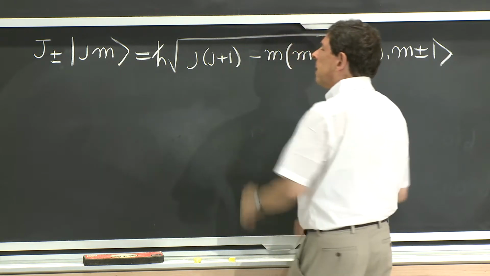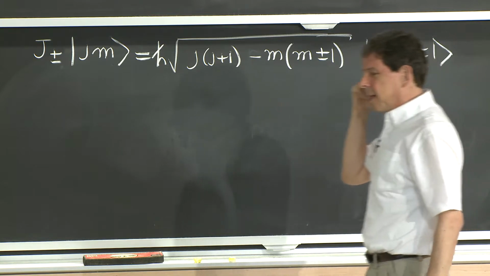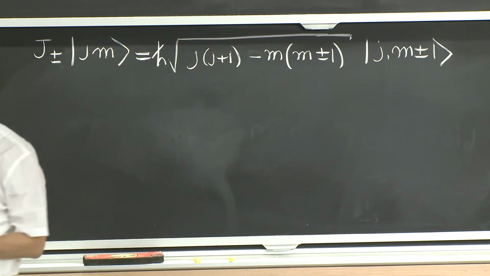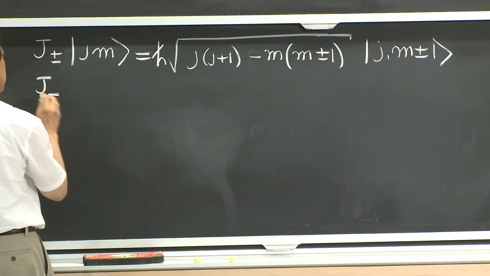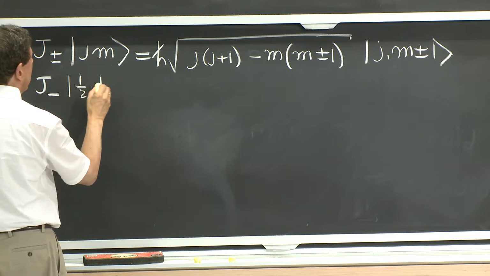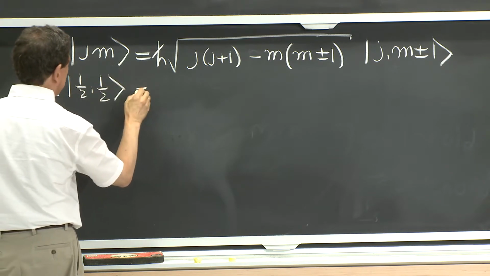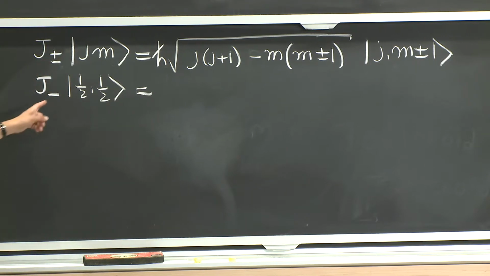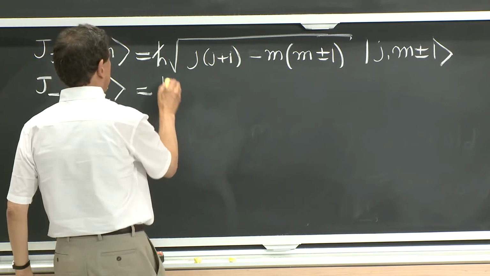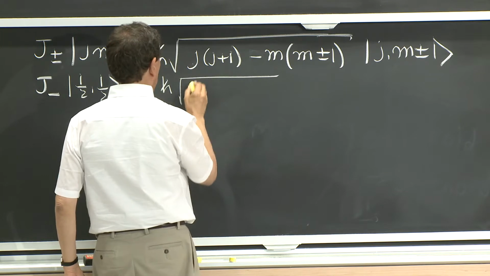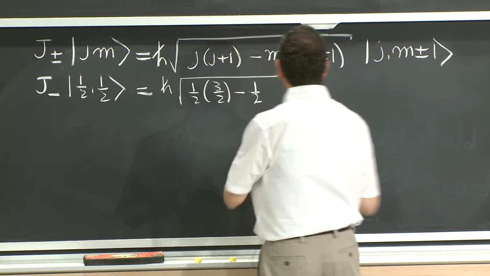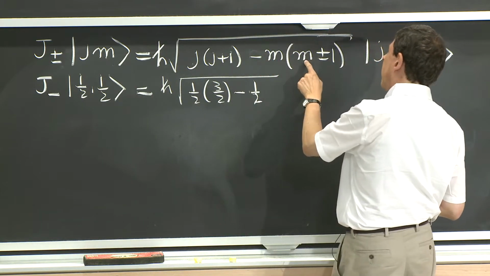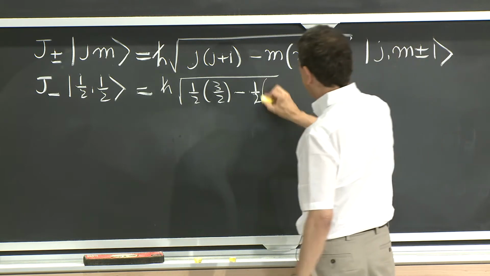And we can use it, we can calculate a few things in order to warm up and be able to do our calculation more easily. What is, for example, J minus on a spin 1/2 state? If you lower it, you must get something proportional to 1/2, minus 1/2. Let's just get the number. So here you have the square root of 1/2 times 3/2 minus 1/2 times, and we're doing the minus, so 1/2 minus 1 is minus 1/2.